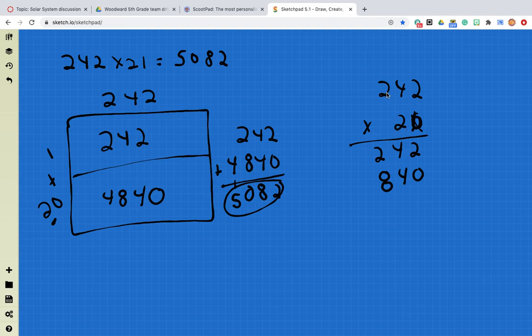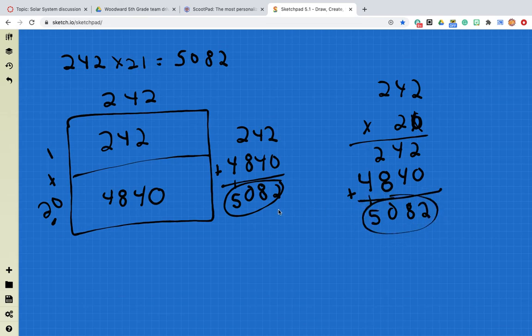And 2 tens times 2 hundreds is going to give you 4, but it's a tens times a hundreds. 10 times 100 is 1,000, so the 4 goes in the thousands place. And that's also going to add up to 2 ones, 8 tens, 10 hundreds, and 5 thousands.